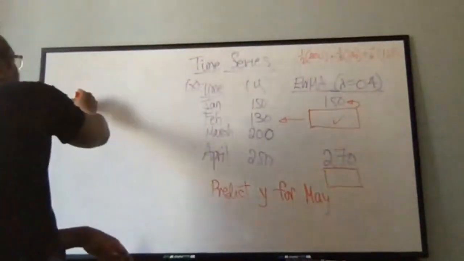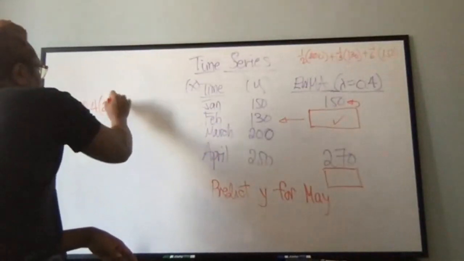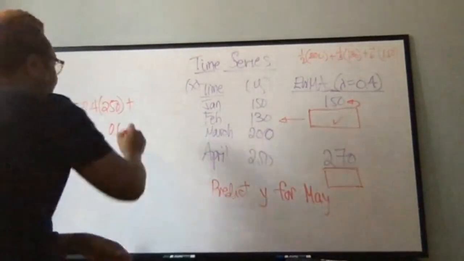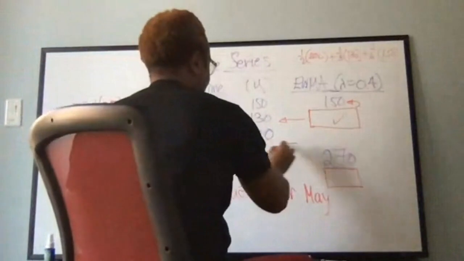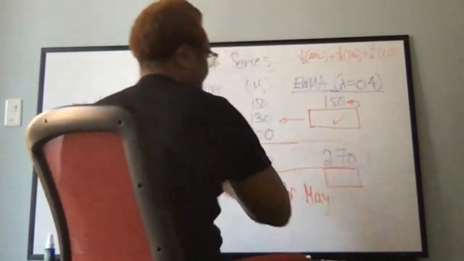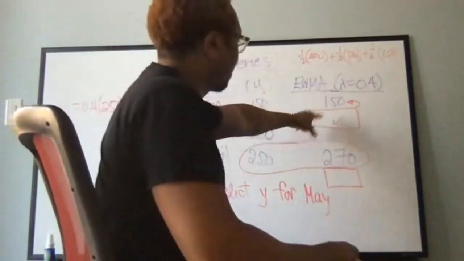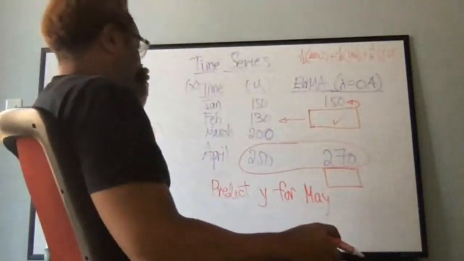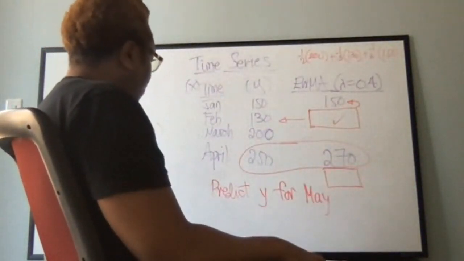So this becomes 0.4, which is lambda, times 250 plus 0.6, which is 1 minus lambda, times 270. Notice how when I'm predicting, both of the numbers come from the time period right before it, whereas up here, one comes from the same level and one comes from above it. All right?